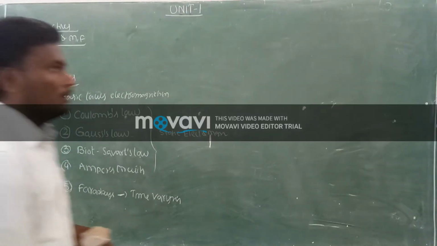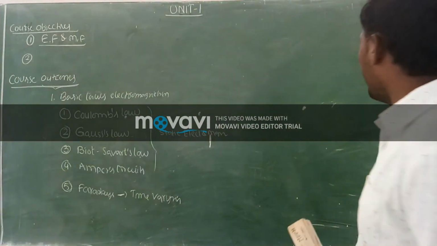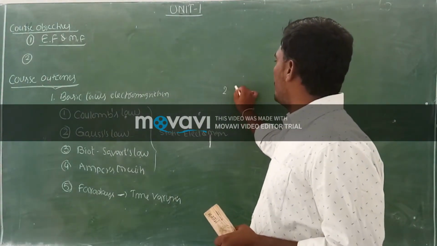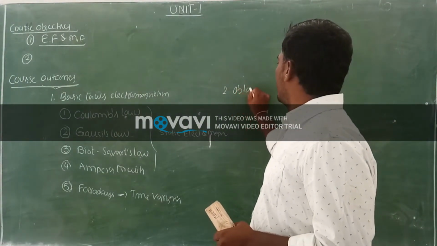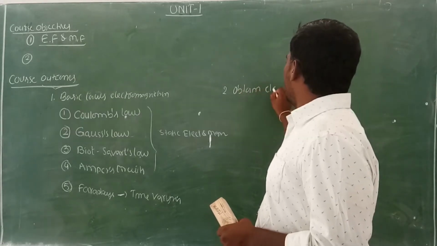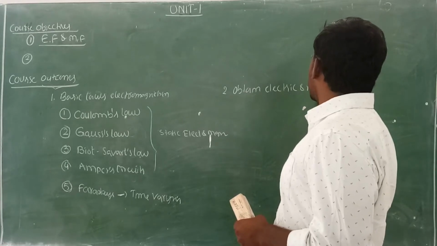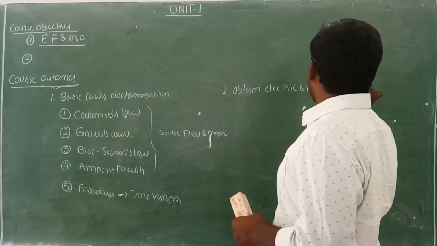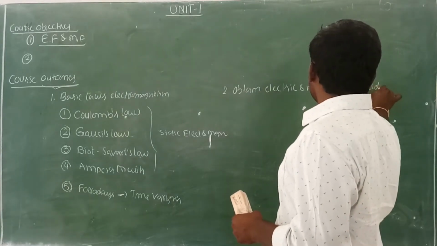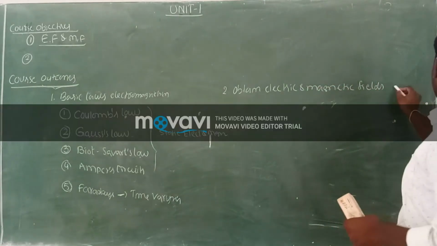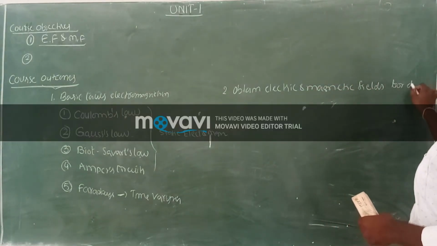Now, the second one is obtain the electric and magnetic fields for different configurations.